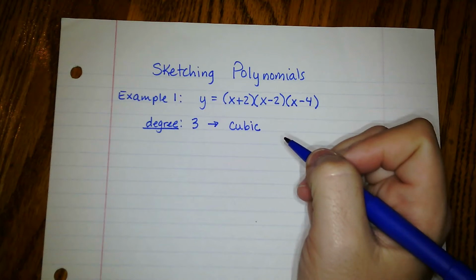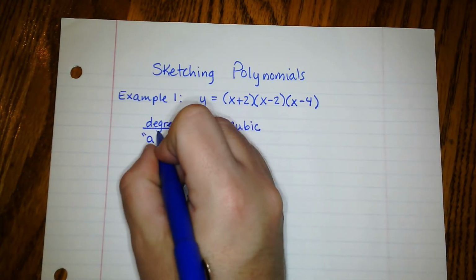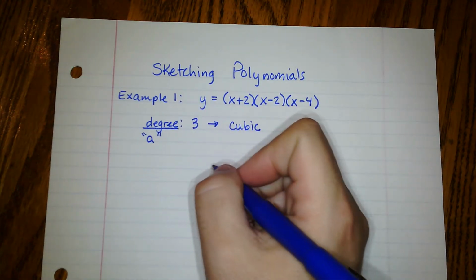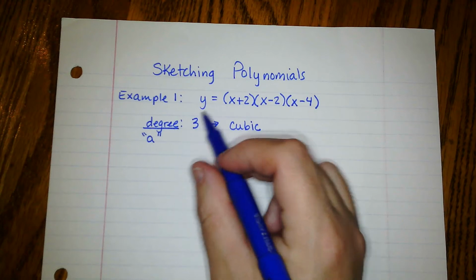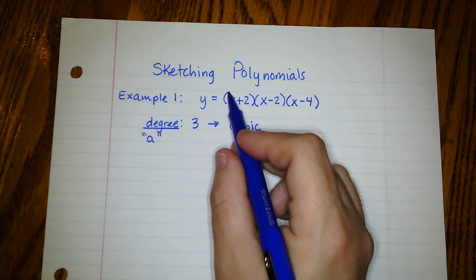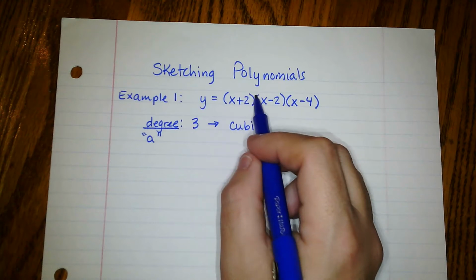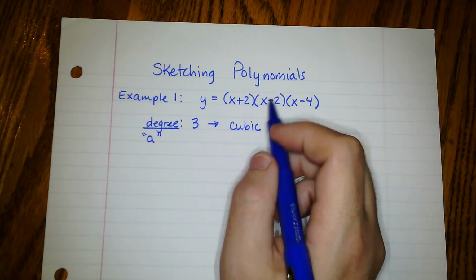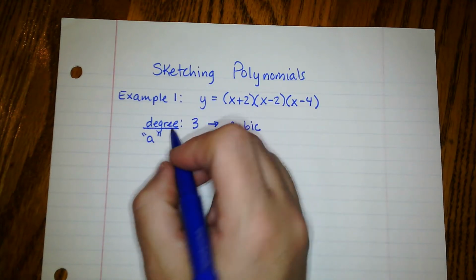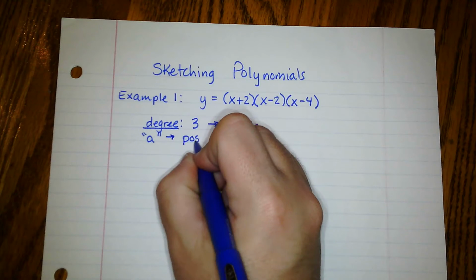We have to decide whether our a value is positive or negative so that we can get our basic shape. Our a value is going to be the number in front of the x's all multiplied together. So 1 times 1 times 1 is going to give us a positive 1. And this means that our a is positive.